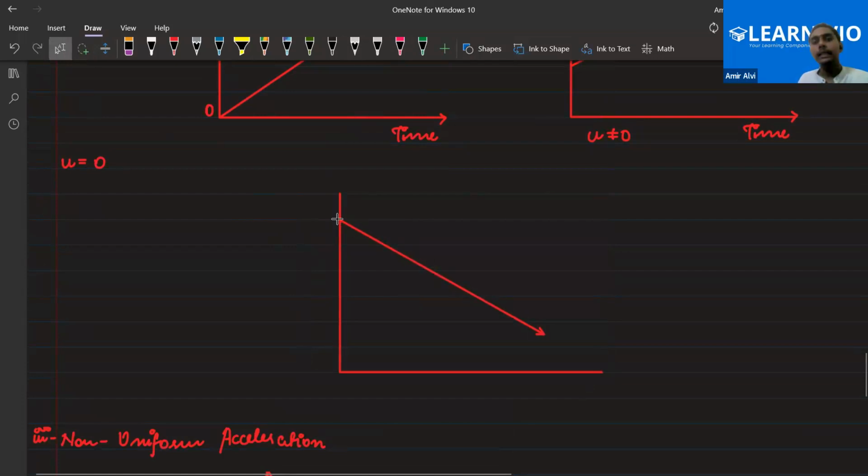This is what you can say a negative uniformly accelerated motion. The body has some velocity, and it's decreasing. So this is negative acceleration. Clear, everyone?